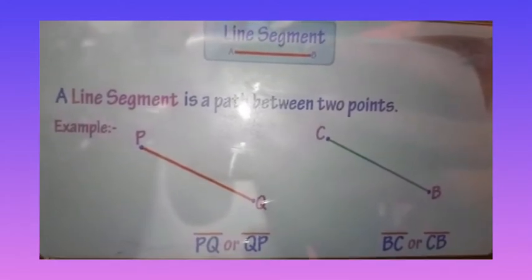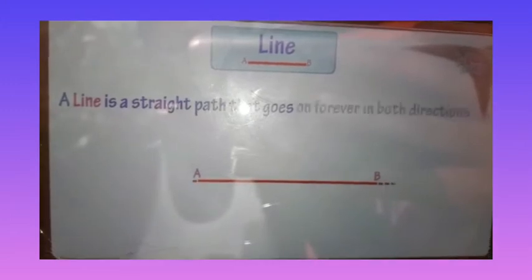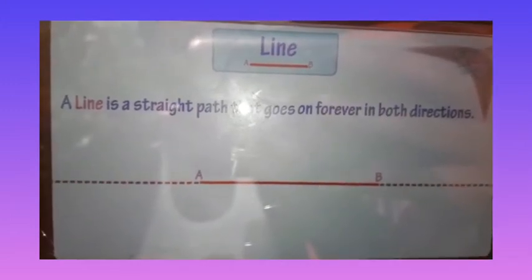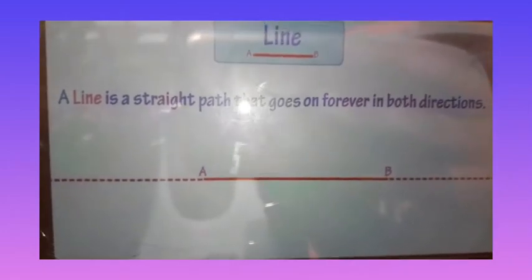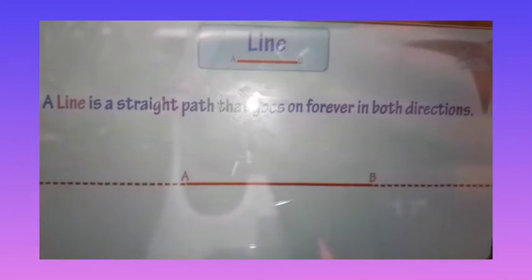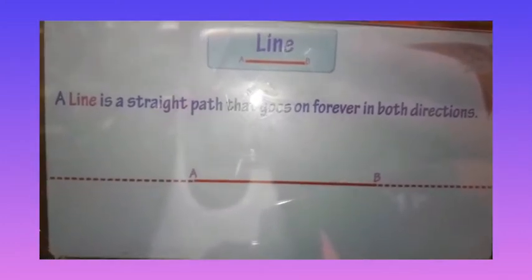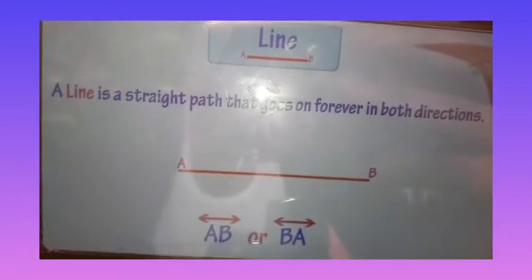Now, let's see what is a line. A line is a straight path that goes on forever in both directions. That is, there is no endpoint on a line, unlike line segment. This is line AB or BA.